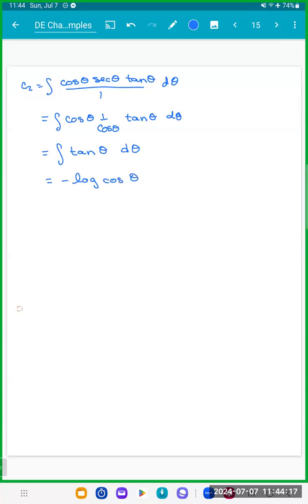So when we look at our particular equation, that is going to be theta minus tangent of theta times cosine theta plus negative log cosine of theta times the sine of theta.